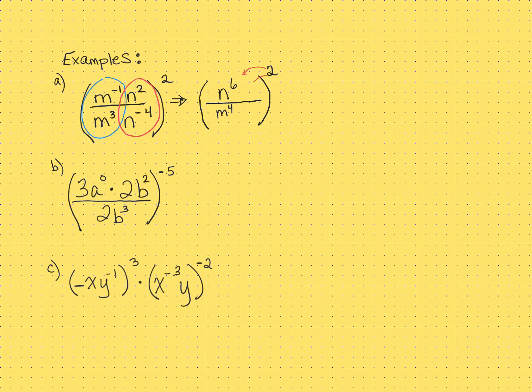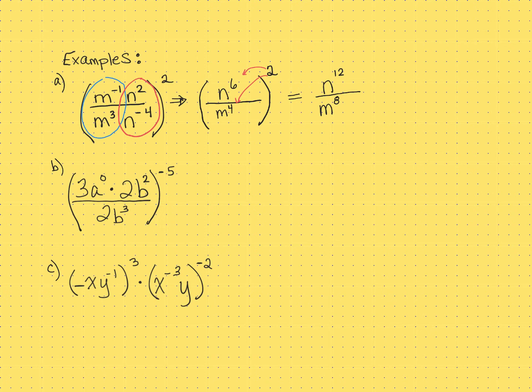Now I'm going to raise each one to the 2nd power, and my final result is going to be n to the 12th, raising n to the 6th squared. We multiply those powers. And similarly on the bottom, m to the 8th. So it looked really bad. As long as you break it up in little steps, you should be fine.